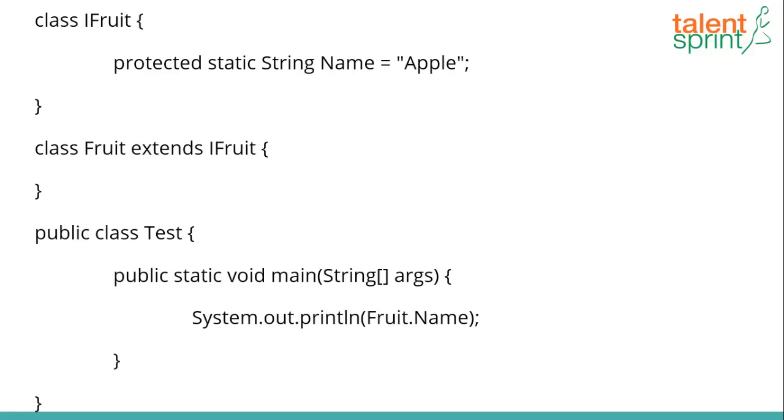Alright, so we have 0 by Vipin, clear by Preeti. Sagar says compile time error. Ashutosh said Apple. I'll wait for a few more seconds for everyone else to answer. Sriram said Apple.